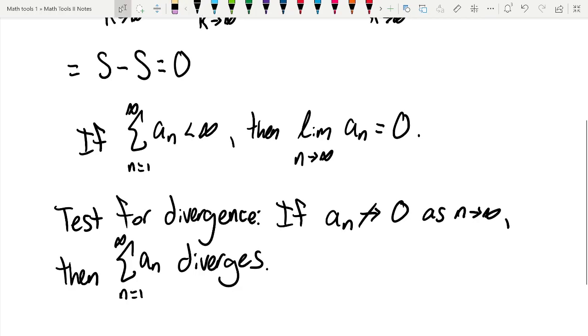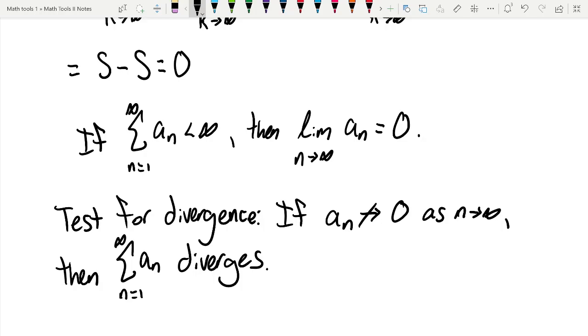So this is basically what we would call the contrapositive of this first statement, right? So we flip it around and negate it. So if a sub n, if that limit is not 0, then we know right off the bat that the sum diverges. So this doesn't help us to determine if the series does converge.